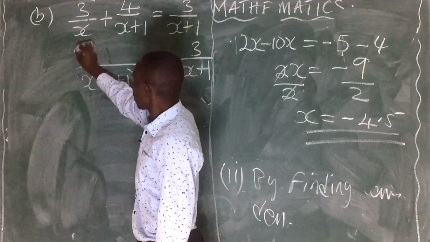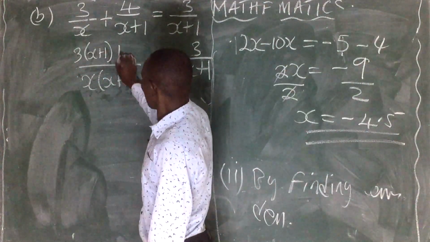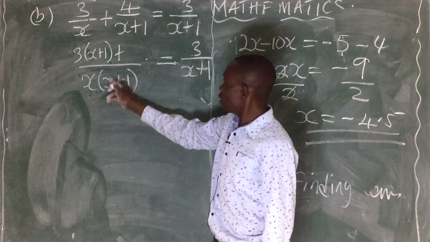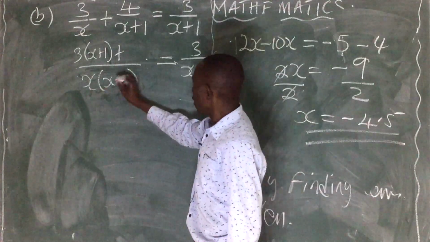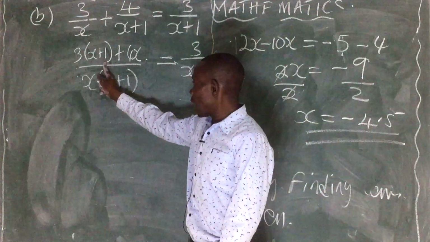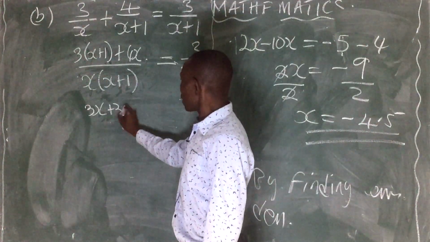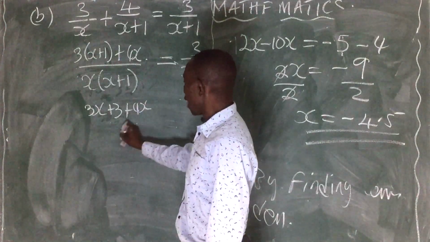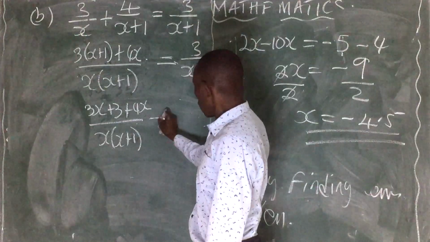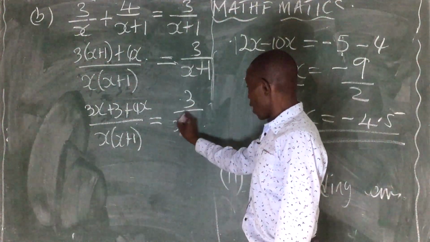So we have 3 open brackets x plus 1, and then plus for this, x plus 1 will cancel with x plus 1. Then it means 4 multiplied by x to have 4x. Then I have to expand this part. 3 times x, I get 3x, then plus 3, then plus 4x, over x open bracket x plus 1. While on the right hand side, we still maintain writing the 3 over x plus 1.